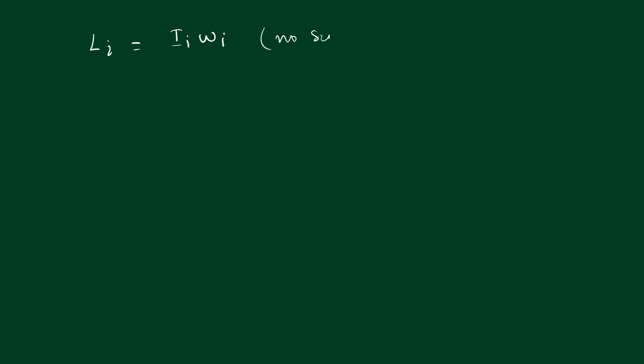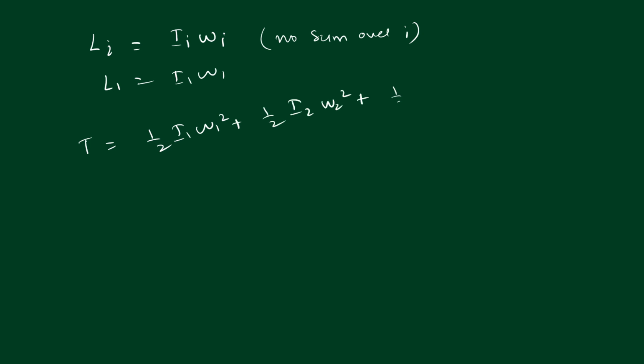This means that L1 is equal to I1 omega 1, etc. And the kinetic energy has a simple form, T equal to half I1 omega 1 square plus half I2 omega 2 square plus half I3 omega 3 square. So it's going to be easier to carry out calculations if we choose the principal axis as our basis vectors, or by appropriately choosing our coordinate system, we can simplify the calculations.